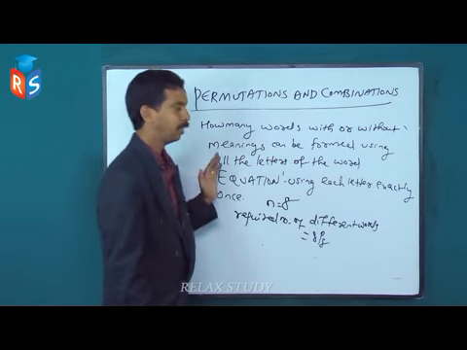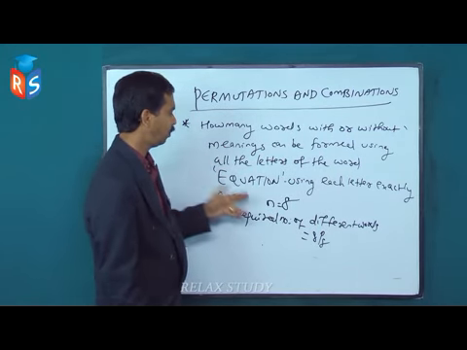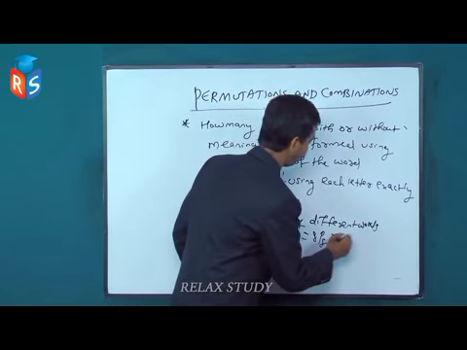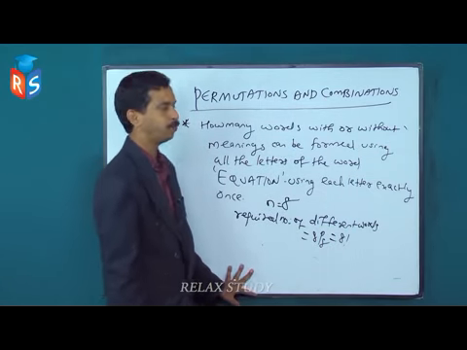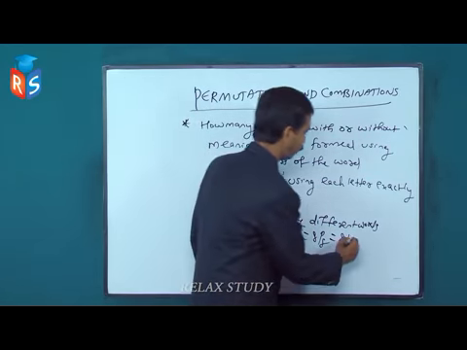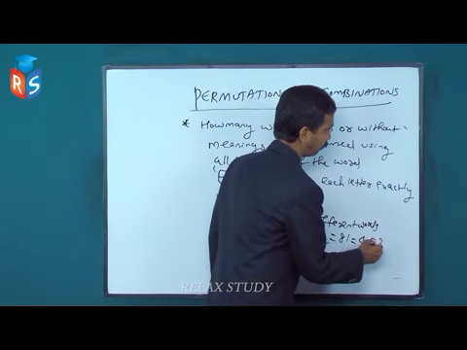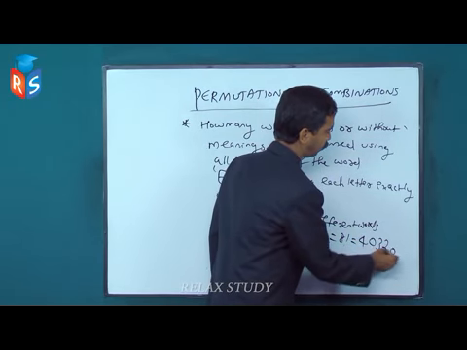We are taking all letters, so all the arrangements are done here, 8P8. That means 8 factorial, since nPn is n factorial. So, 1 into 2 into 3 up to 8. So, the answer is 40320.